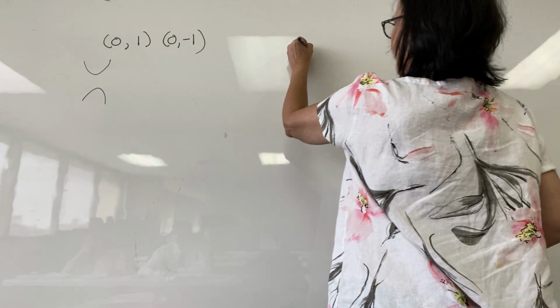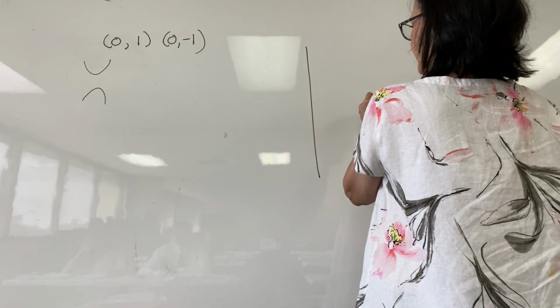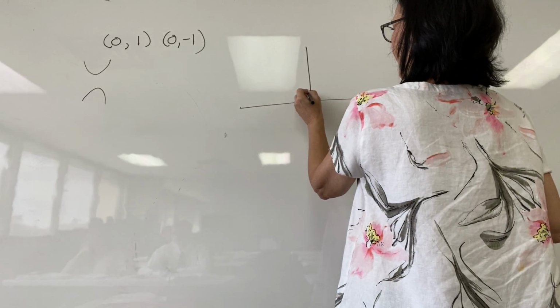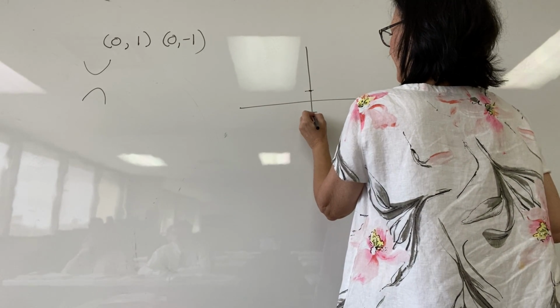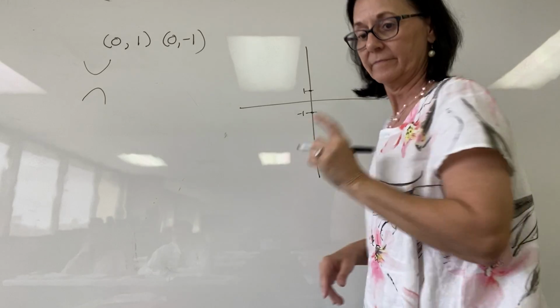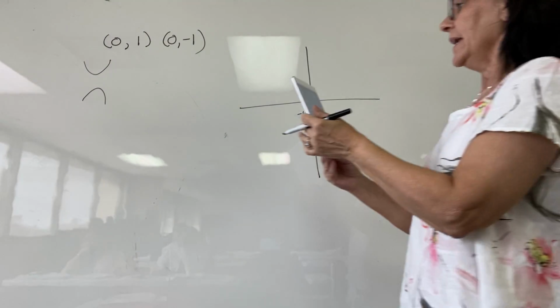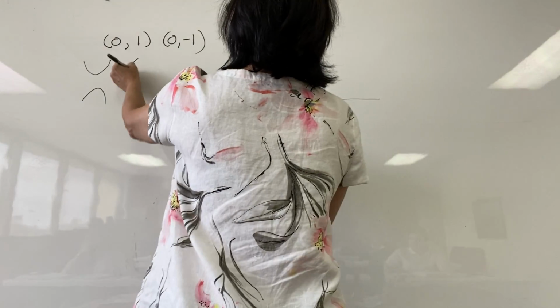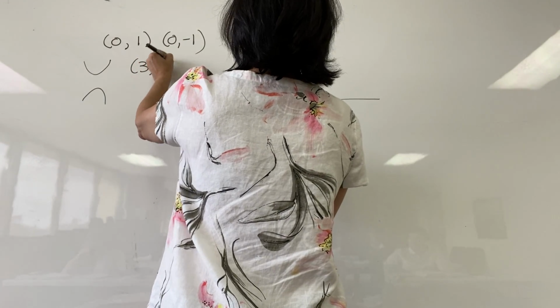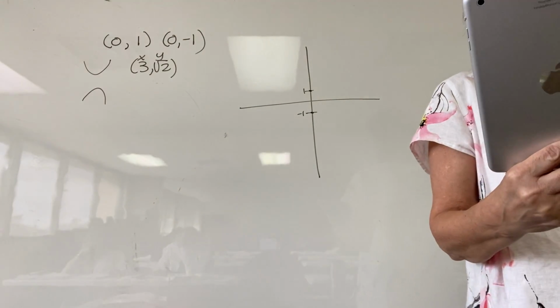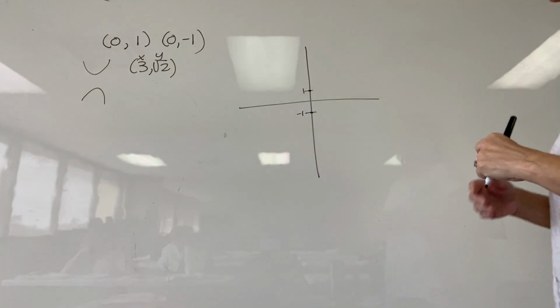All right, I'm going to go ahead and graph the 1 and the negative 1. And it passes through 3, square root of 2. Well, that's an X, that's a Y value. All right.